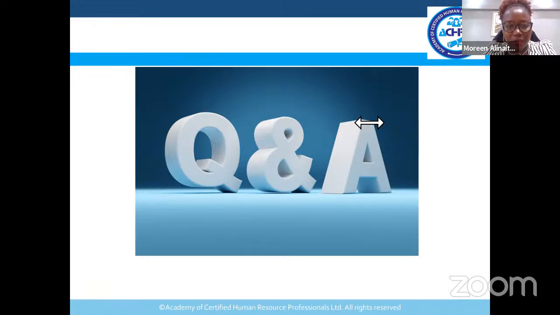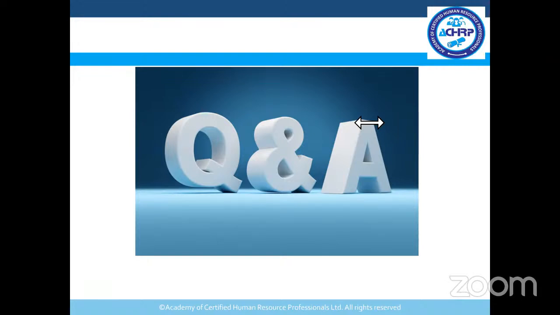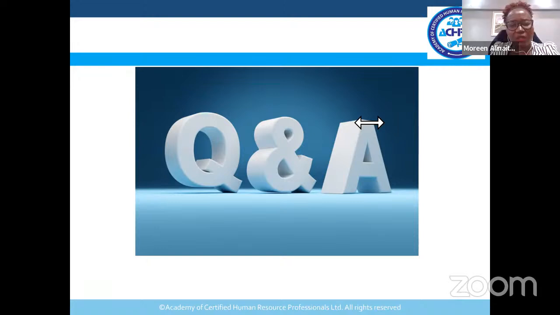Good presentation. Thank you. If the employee provides the notice for 1 month resignation at the end of the month, are they supposed to pay the severance pay on the final dues? Now, the notice of resignation is supposed to be 1 month. When they give you a notice, it doesn't mean it's immediate. The notice means they are going to work for the coming month. That is why it's a 1 month notice.